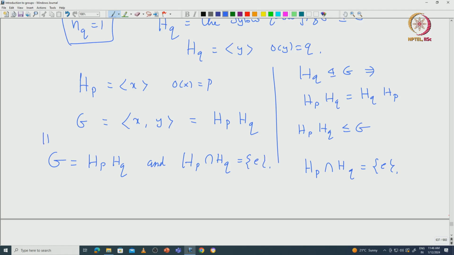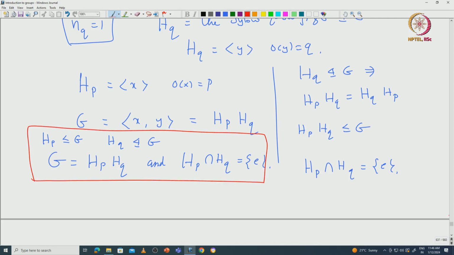And note that HP is a subgroup of G and HQ is a normal subgroup of G. So we are almost in the direct product situation, except that one group is normal and the other group is not normal. All other properties are satisfied.